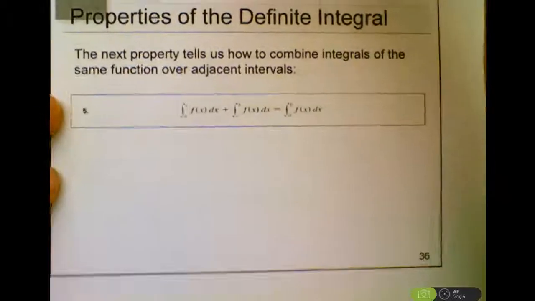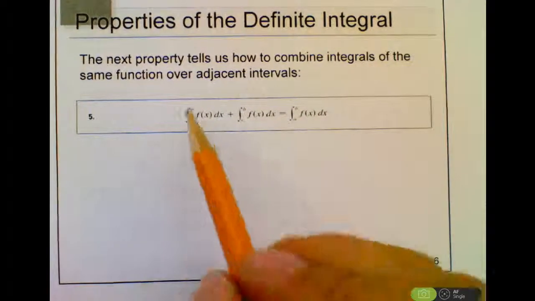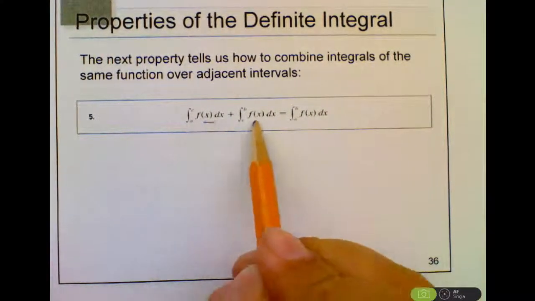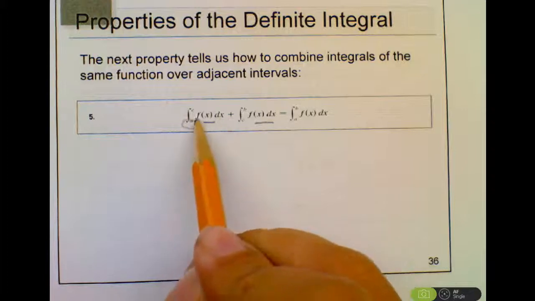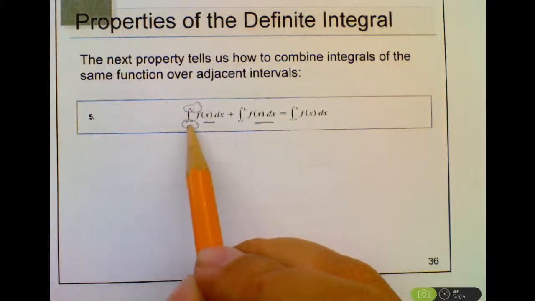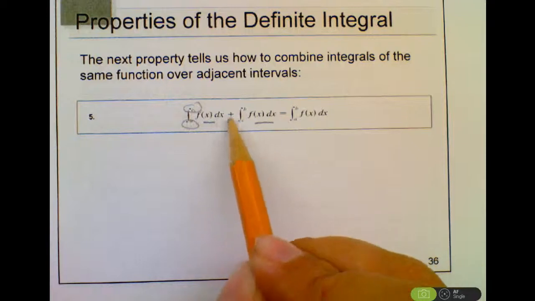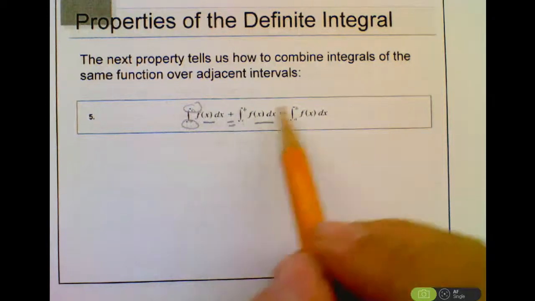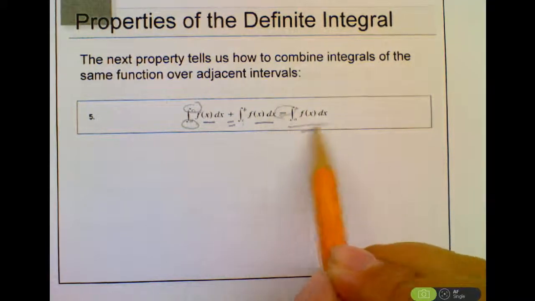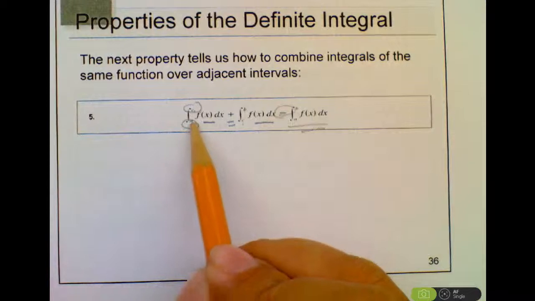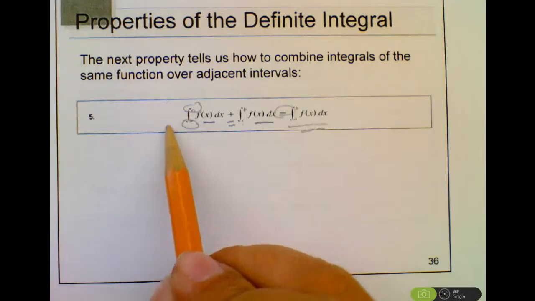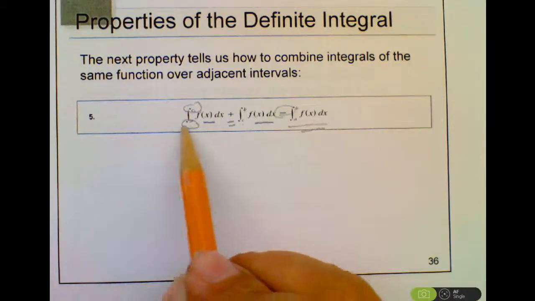Now, the other property that is very interesting is saying, if I'm integrating the same function between two numbers, let's say between 0 and 5, and I'm adding the integral between 5 and 7, then this can just be written as one integral. Where did I start? Well, whatever number. I think I started at 1.